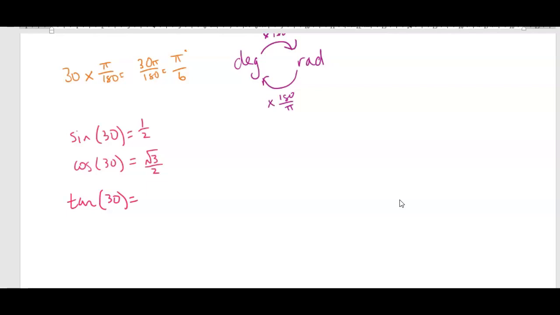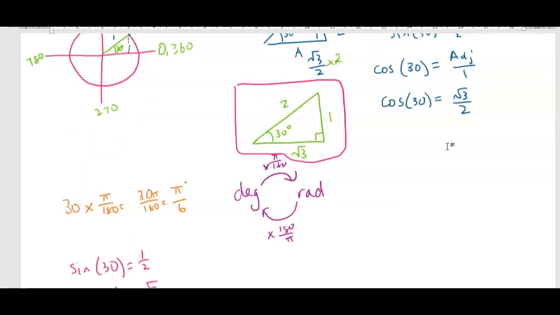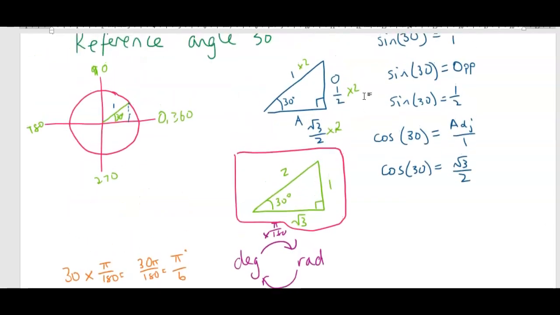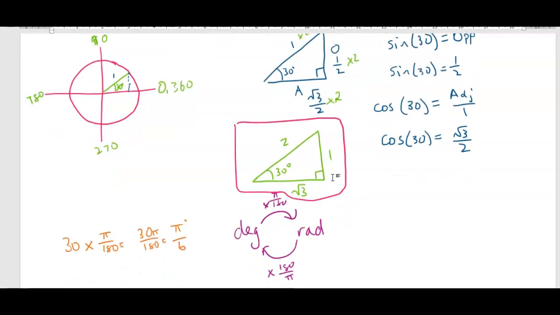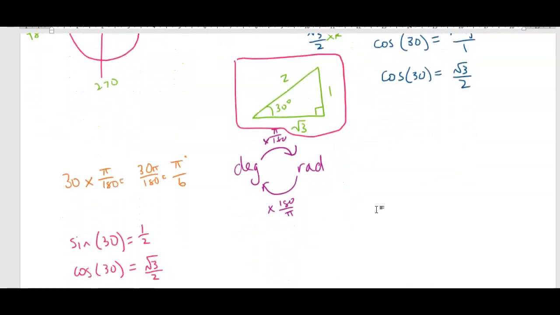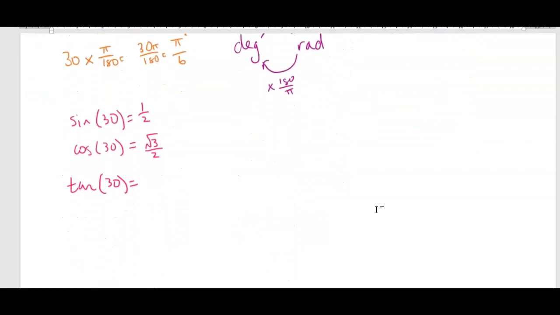Now what about tan? So tan, remember, is opposite over adjacent, so your opposite side is 2, and your adjacent side is, sorry, I'm looking at the wrong triangle. Your opposite side is 1 and your adjacent side is root 3. So we're going to have 1 on the square root of 3.